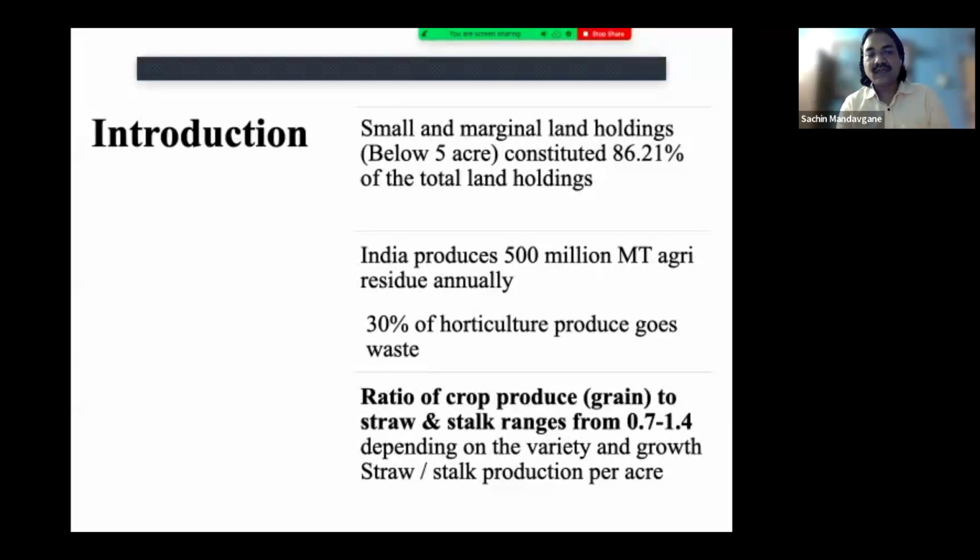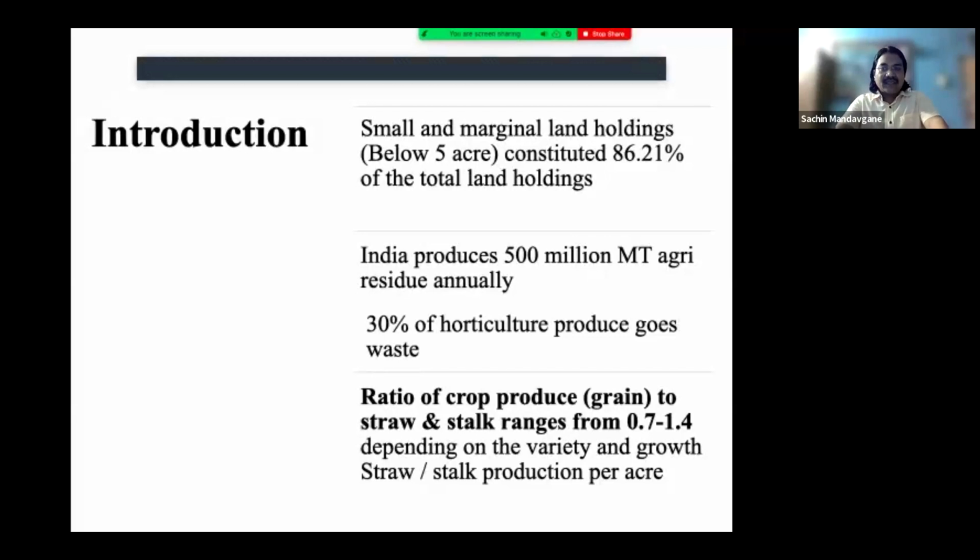They call it crop residue. On the other side, for fruits, vegetables and flowers, the horticulture, around 30 to 40% goes to waste. The statistics tell me that in India, 50 million metric tons of agricultural residue is produced annually.